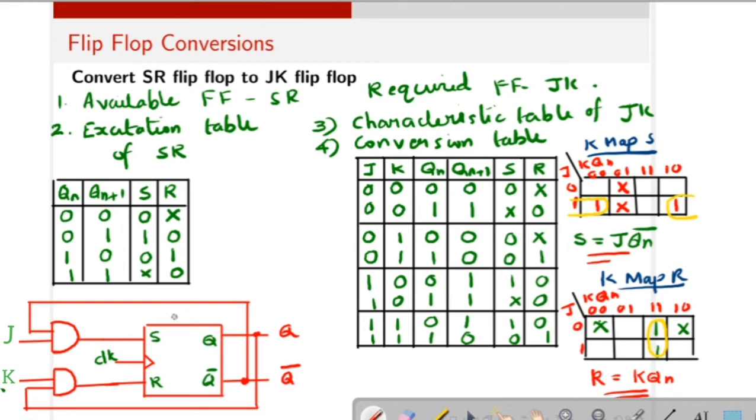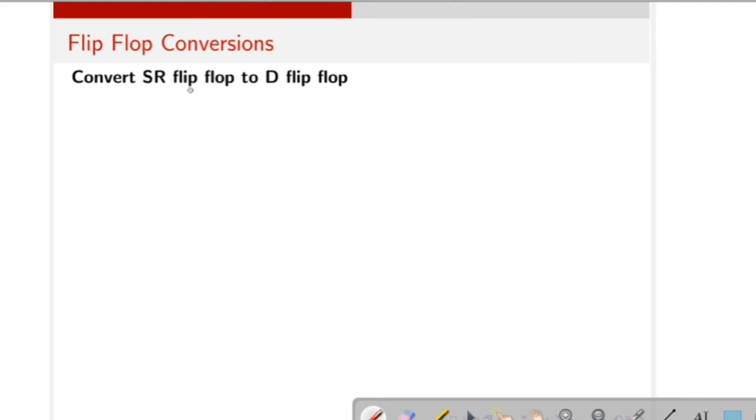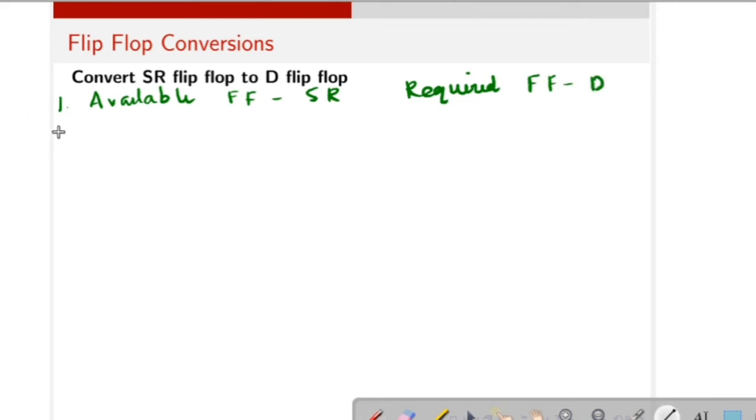Clear? Our next question is convert SR flip-flop to D flip-flop. So our available flip-flop is SR and required flip-flop is D. Okay, required flip-flop is D. So next we can draw the excitation table of the available flip-flop, that is excitation table of the SR flip-flop.